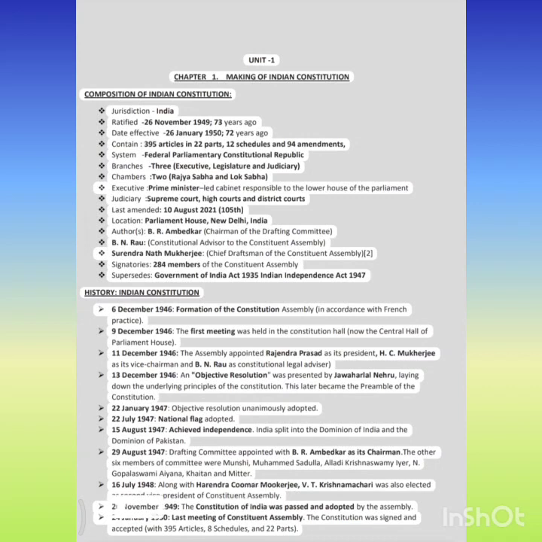The 26th of November 1949, the Constitution of India was passed and adopted by the Assembly. The 24th of January 1950, the last meeting of the Constituent Assembly. The Constitution was signed and accepted, with 395 articles, 8 schedules and 22 parts.